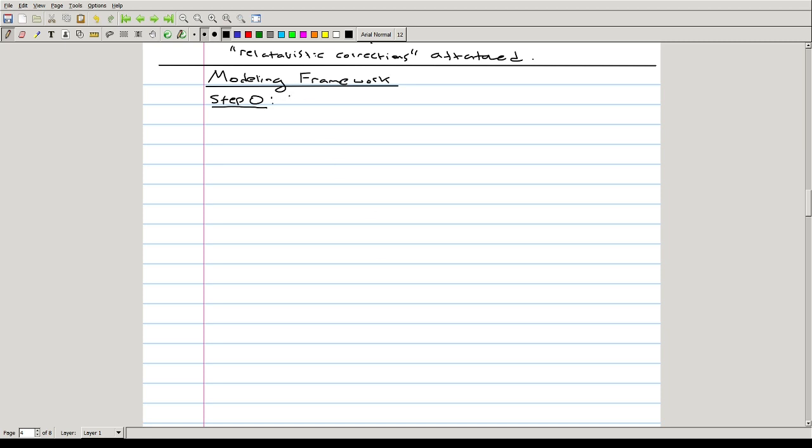Step 0 in this process is to set up, as precisely as possible, the reasons for constructing the model and its objectives.